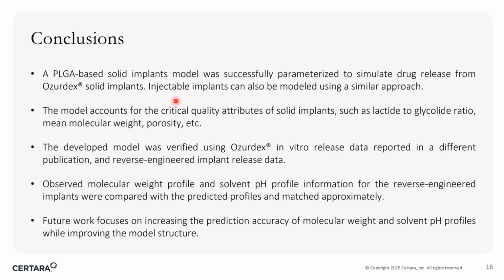So that way we can currently account for that. Probably in future iterations, we would try to account for the terminal ester group impact on degradation of PLGA. So it would be for future improvements. Hope that clarifies.